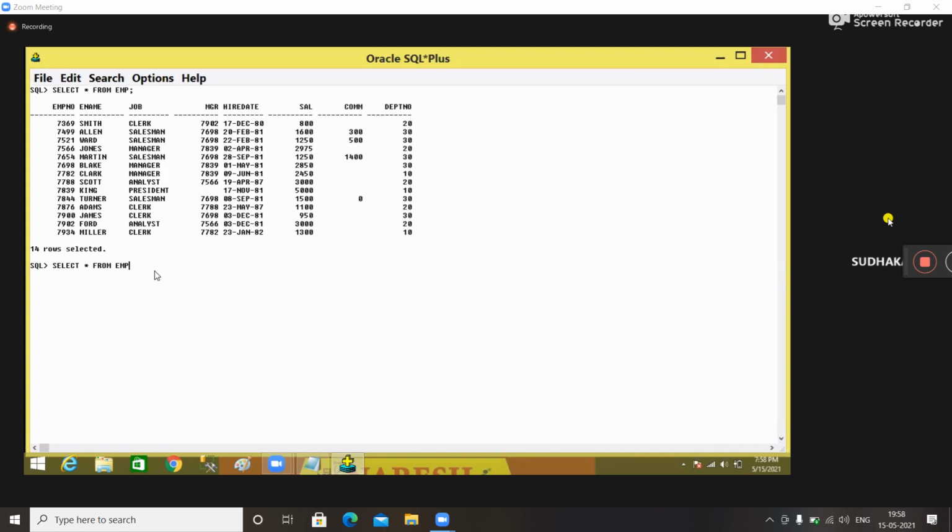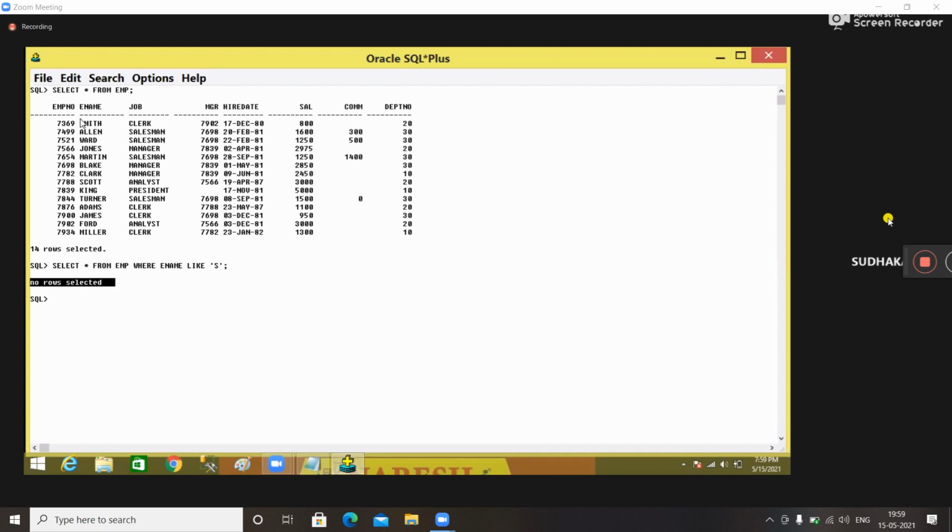Select star from EMP where E name like, and suppose I give only S, but I'm not using any wildcard operators. Understand my point here? So when we are not using any wildcard operators, let's see if I execute this one, it shows no rows selected.